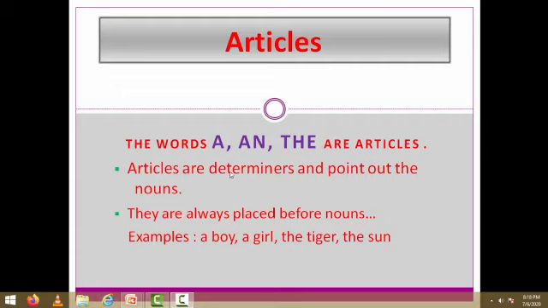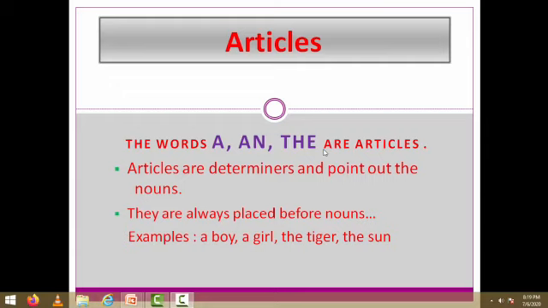Articles are determiners and point out the nouns. So why do we use articles? Just understand here what the usage of articles is. That is what we have to understand here. A, an, and the are the articles which are used to point out the nouns.